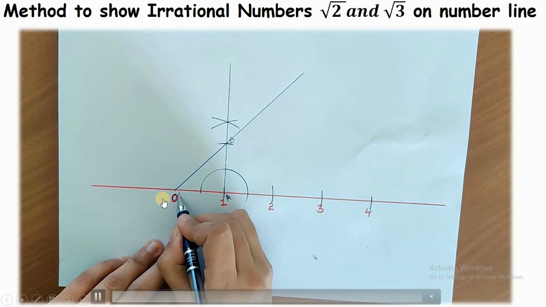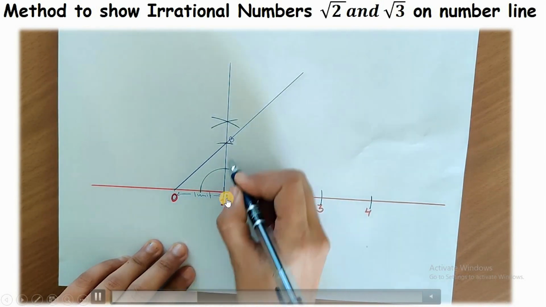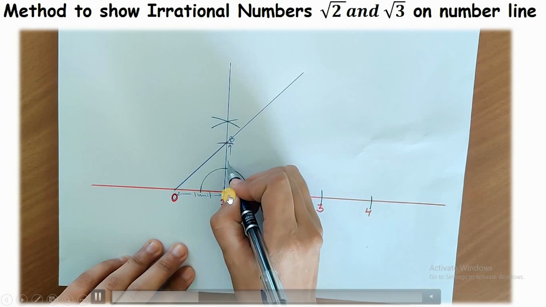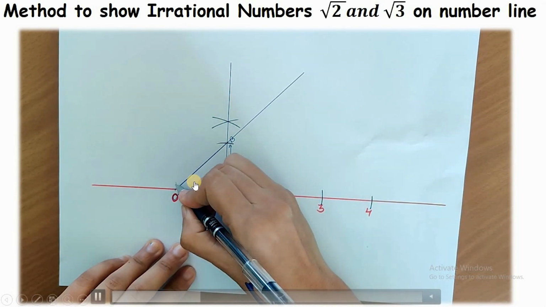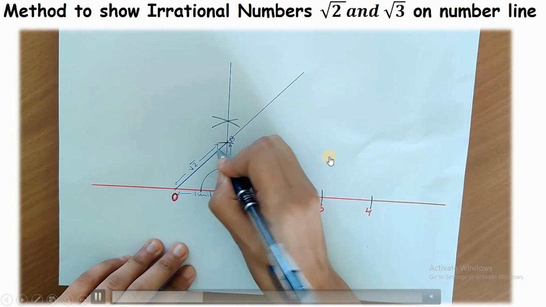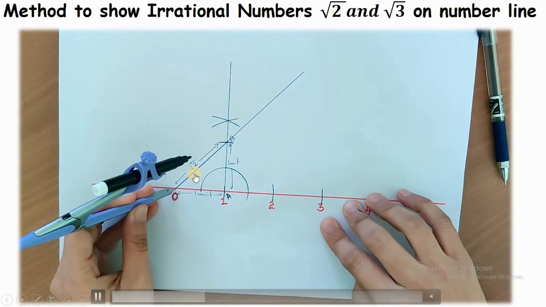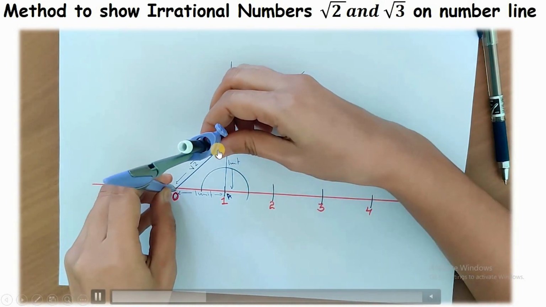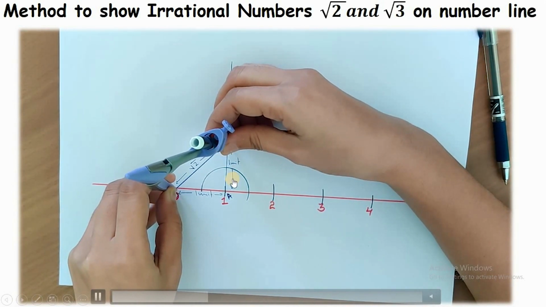Okay, now OA is equal to 1 unit and AB is also 1 unit. Therefore, OB is square root of 2, and we'll prove that in the later part. So we'll measure OB, that is root 2, and mark this point on the number line.